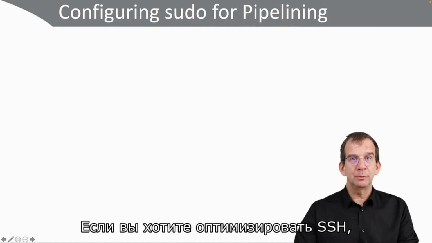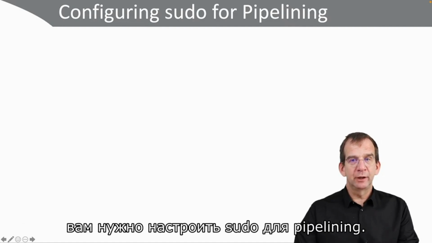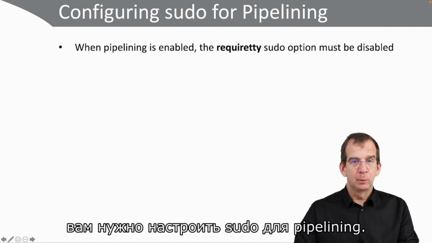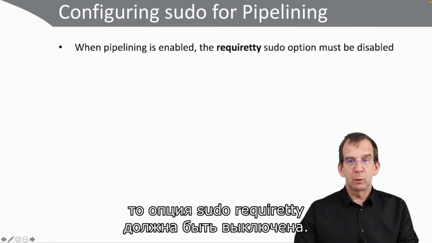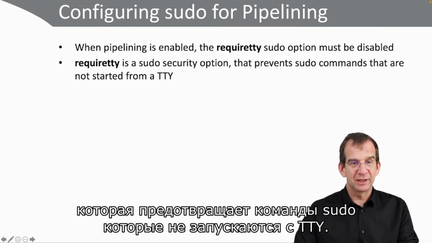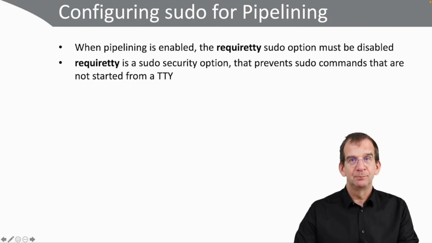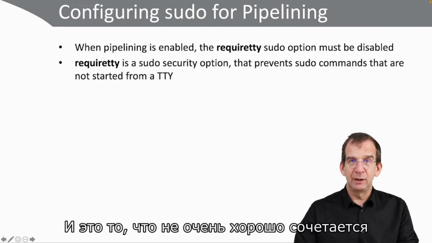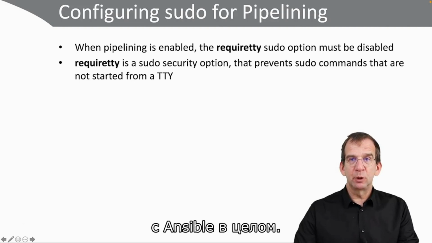Also, if you are going to optimize SSH, you need to configure sudo for pipelining. When pipelining is enabled, the requiretty sudo option must be disabled. Requiretty is a sudo security option that prevents sudo commands that are not started from a TTY, and that doesn't go very well together with Ansible in general.